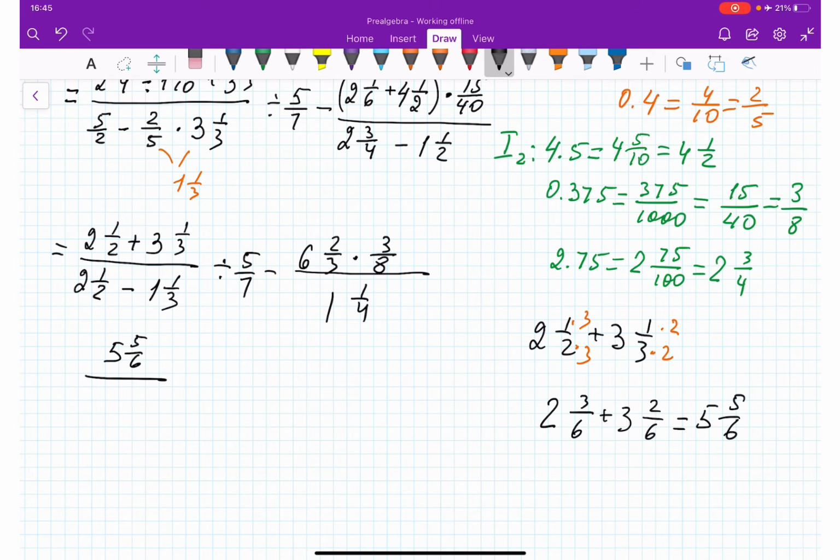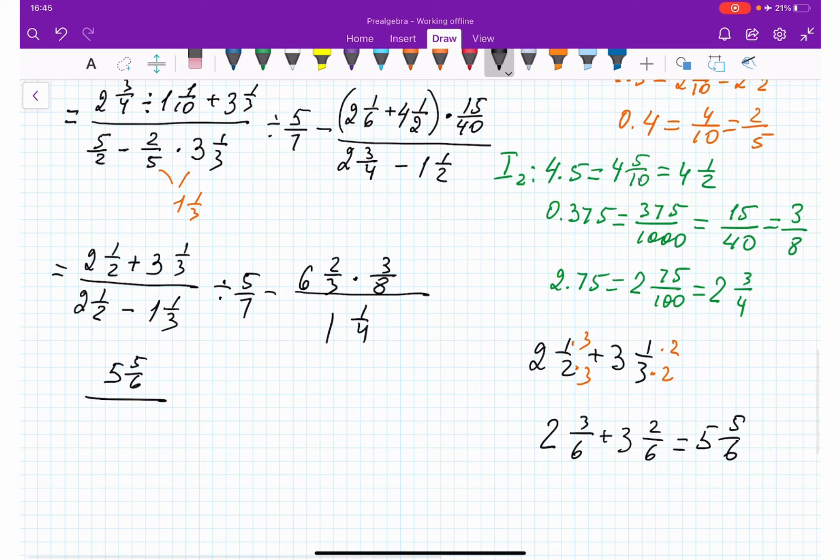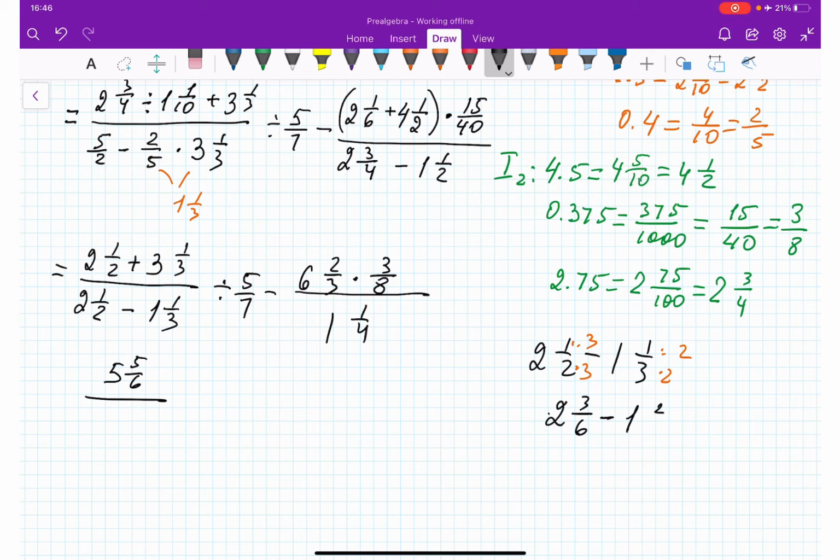Now we are going to subtract 1 and 1/3. Common denominator is 6, so it's going to be the same, 3 and 3, 2 and 2. And we are getting 2 and 3/6, and minus 1 and 2/6. And we are getting 1 and 1/6. Divided by 5/7.